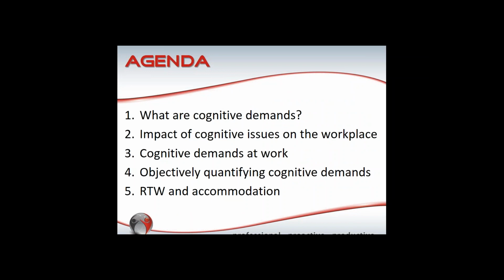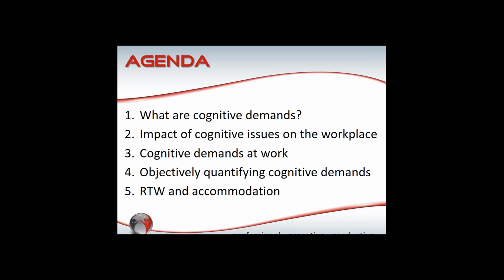So the plan for today is to talk briefly about what cognitive demands are. I don't want to go into great detail, but I think we all need to be on the same page, so this part will sound very similar if you joined us for our last Cognitive Demands webinar. We're going to talk about the impact of cognitive issues on the workplace briefly because we are seeing a significant increase in these demands. We want to talk about how that's impacting our workplaces and why it's important.